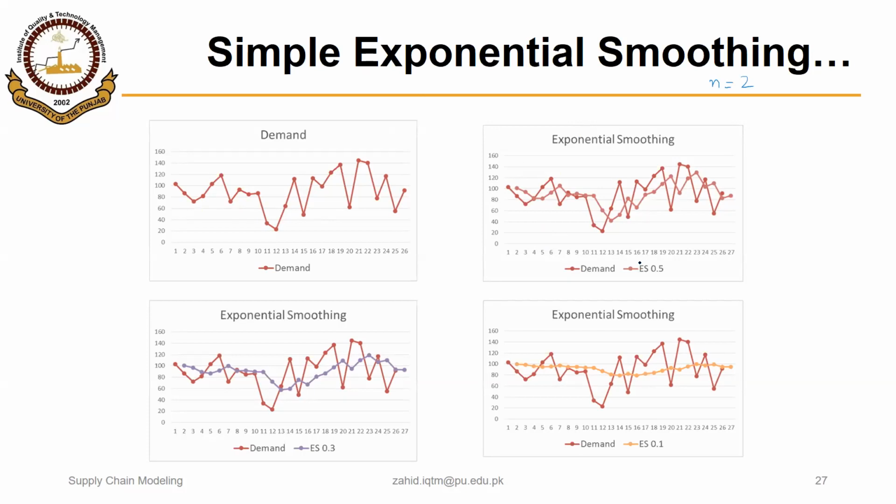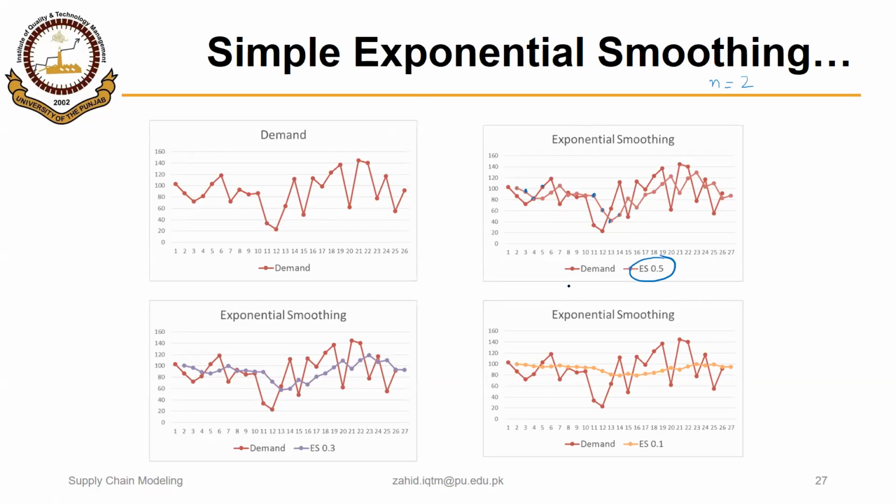If we have a relatively larger value of alpha, say 0.5, you can see that the forecast, these dots, respond very well to the changes in demand. You can observe from here.